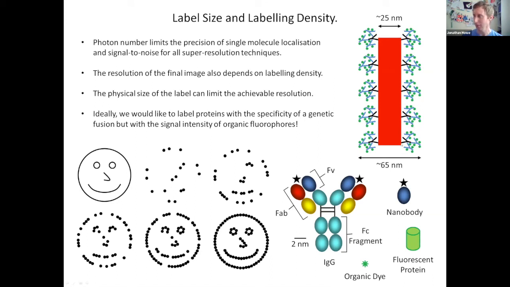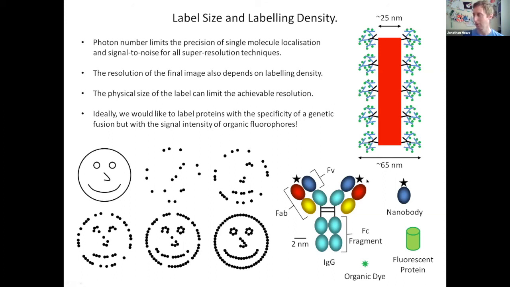So what this tells us is that ideally we want to use smaller probes than IgG. So the obvious candidate would be to use a fluorescent protein, but the issue with fluorescent proteins is they may be small, they're like 3 nanometers or so in diameter, but they generally output about 1/10 of the number of photons as an organic dye, which means your localization precision then takes a hit.